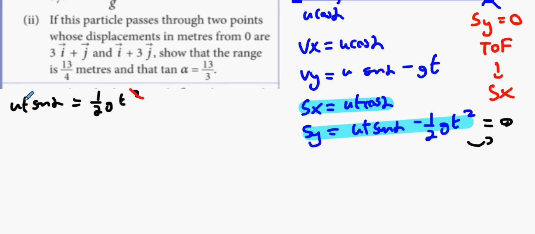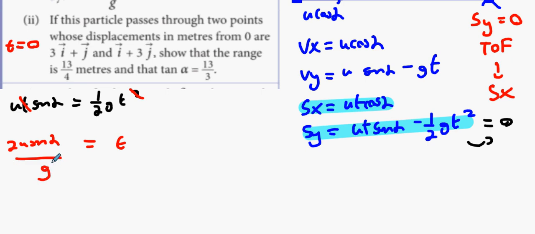Do you know what value you're wiping off there? You're wiping off the t equals 0 value. Because if you start at level ground, t equals 0 as well. So you're wiping off that value, that's gone. And then you're going to do the time of flight, it's the only thing remaining. So then you're going to say, bring up the 2, and you get 2u sine alpha over g. You feel with that?